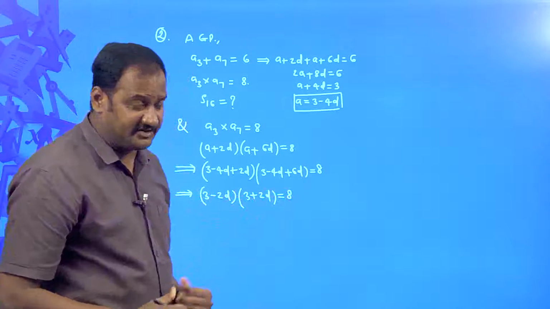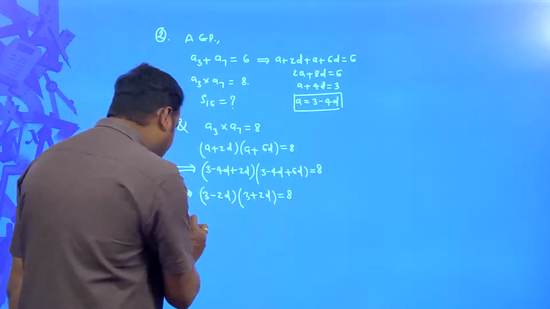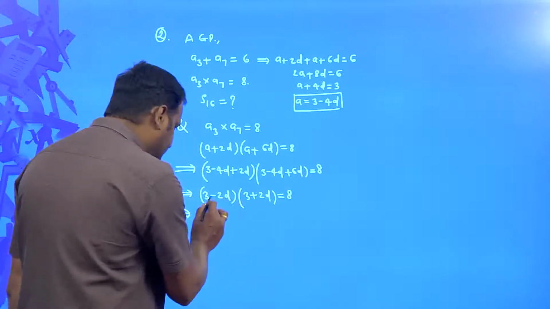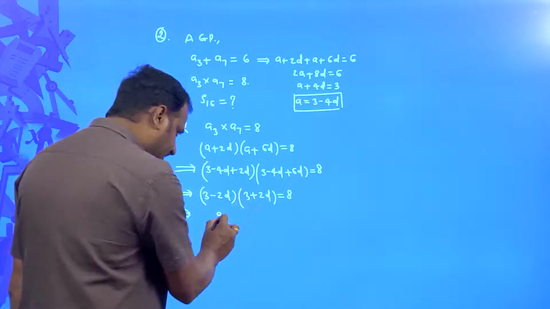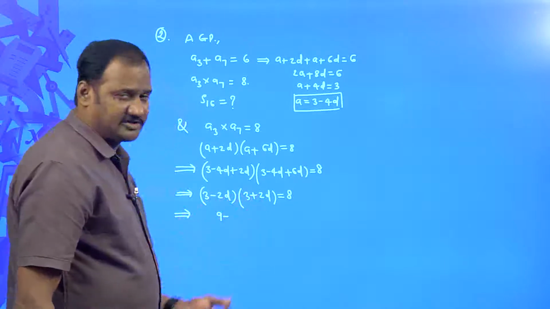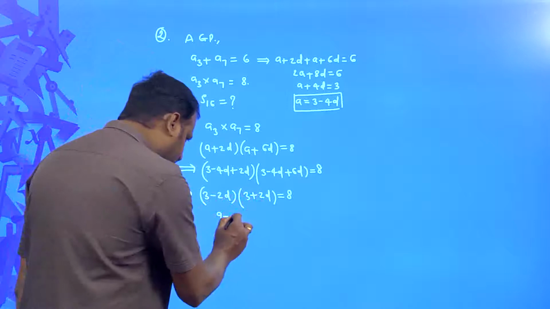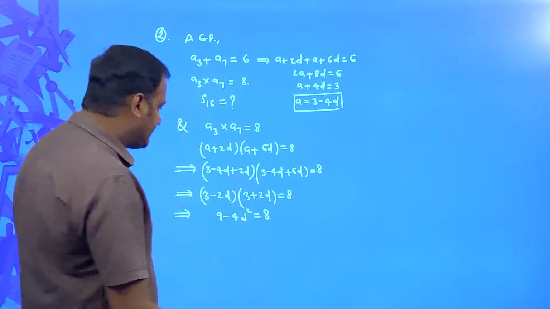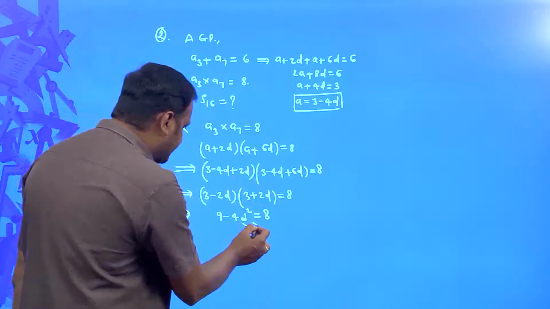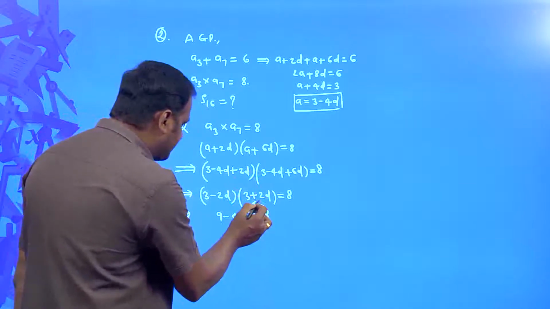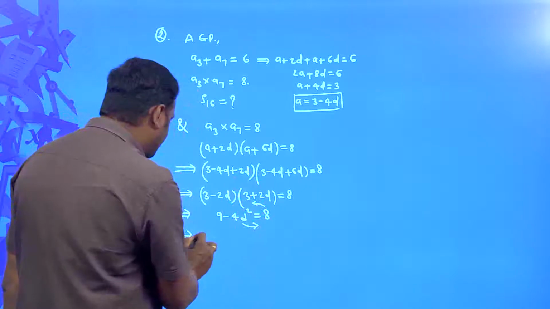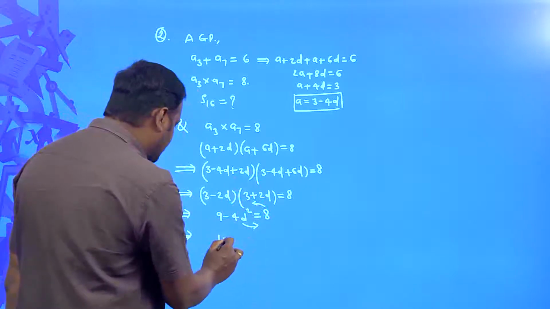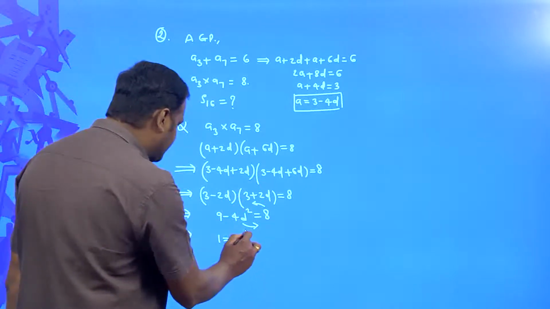So, (a minus b)(a plus b) is going to be a square minus b square. a is equal to 3, 3 square is 9, minus (2d) whole square. (2d) whole square is 4d square, equal to 8. So, transpose 4d square towards the right hand side and 8 towards the left hand side, then it becomes 9 minus 8 is equal to 1, equal to 4d square.